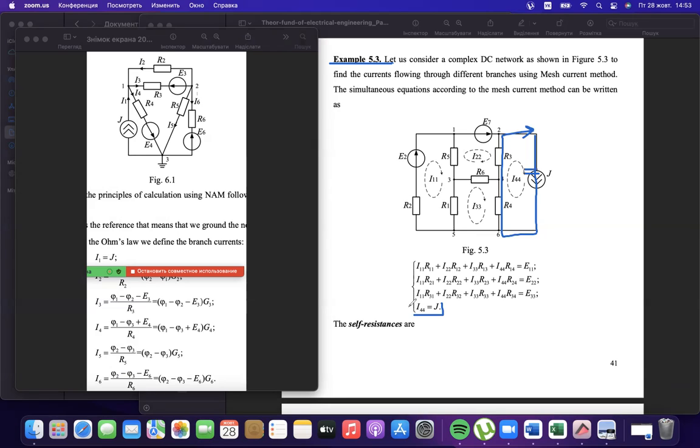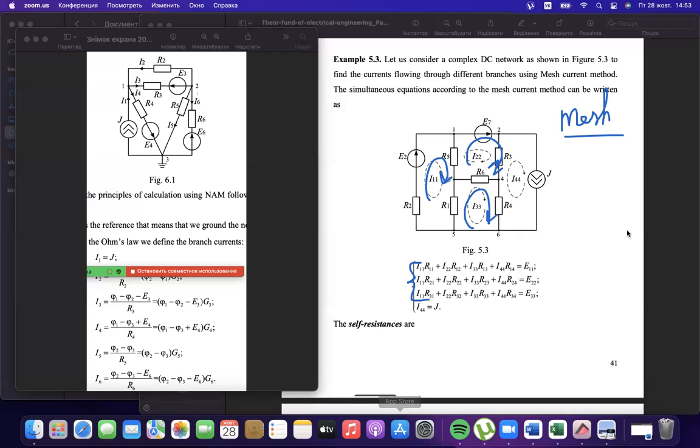And it means that in this case we have only 3 unknown variables, I11, I22, I33. That is why if we use the mesh approach here, we will have a system of 3 equations.